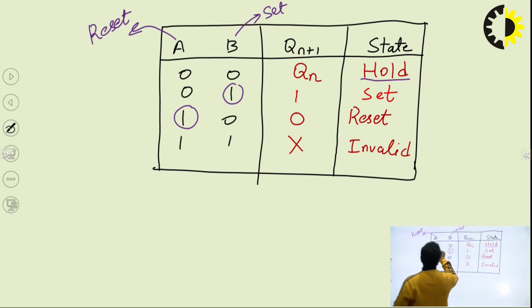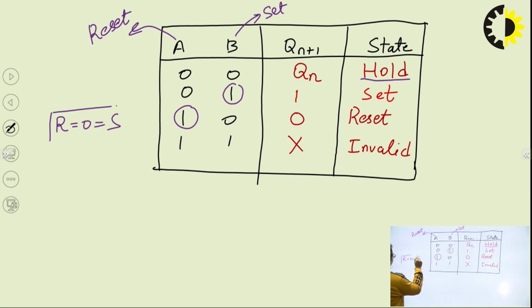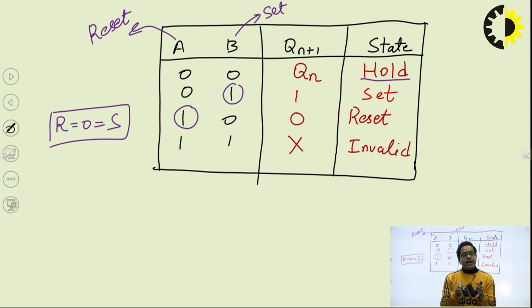It is something like R equals 0 and S equals 0, and we have considered that your latch is going to react only for the input 1. So whenever we are giving 0 to this R and S, it is waiting for the input to be given because it is reacting only for the input 1. So for S equals 0 and R equals 0, your latch is waiting for the input to be given.